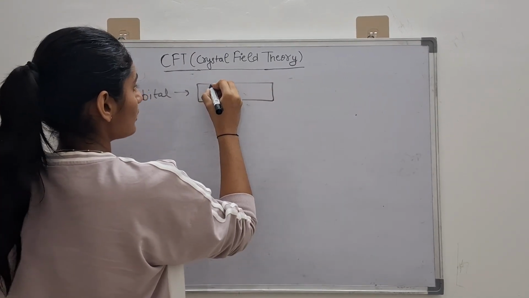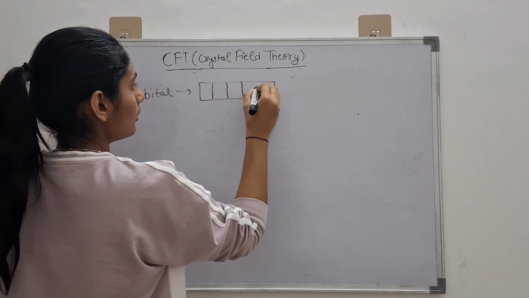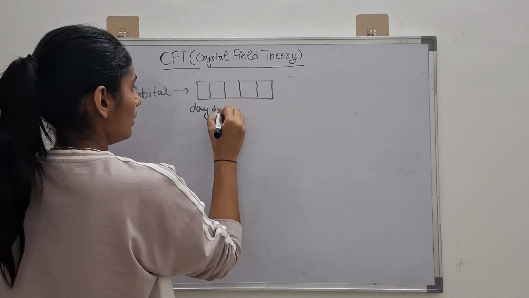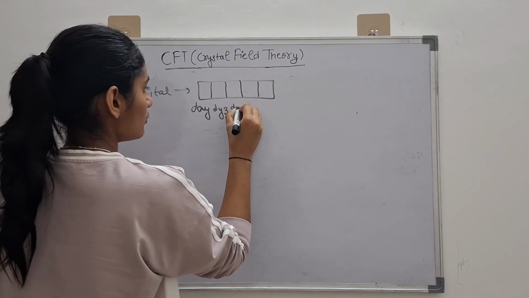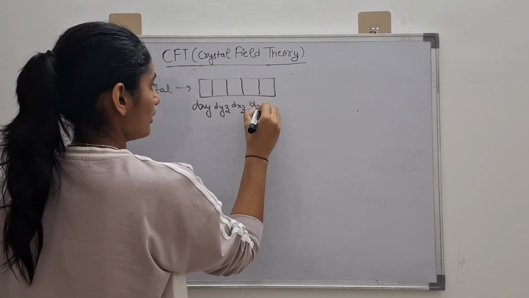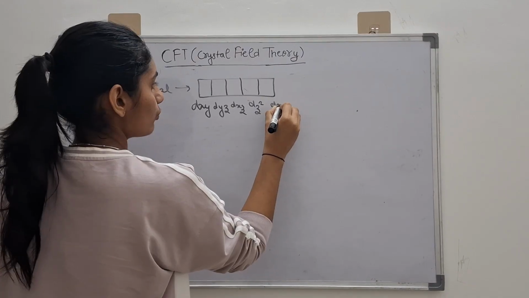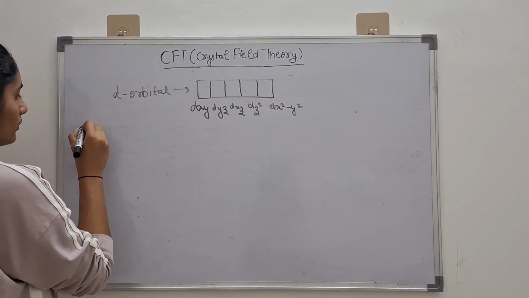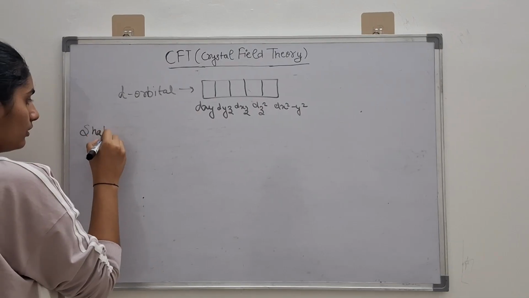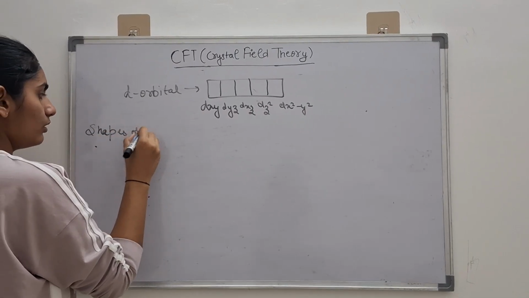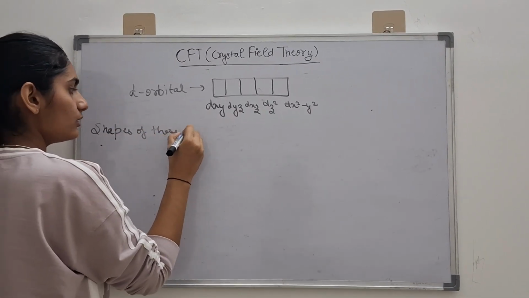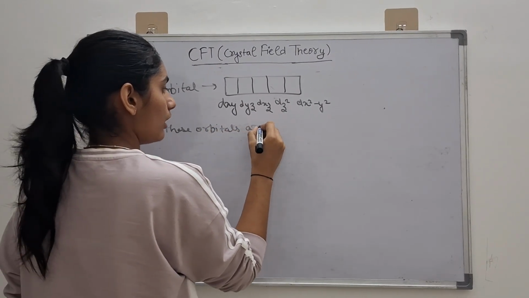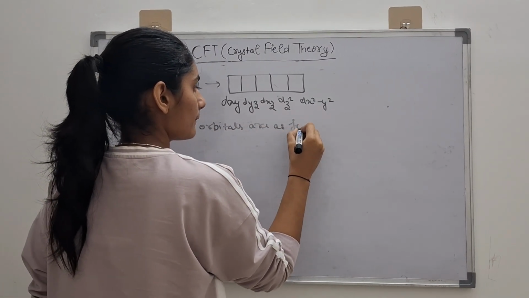The total number of orbitals in d is 5: first is dxy, dyz, dxz, dz square, and dx square minus y square. The shapes of these orbitals are as follows.